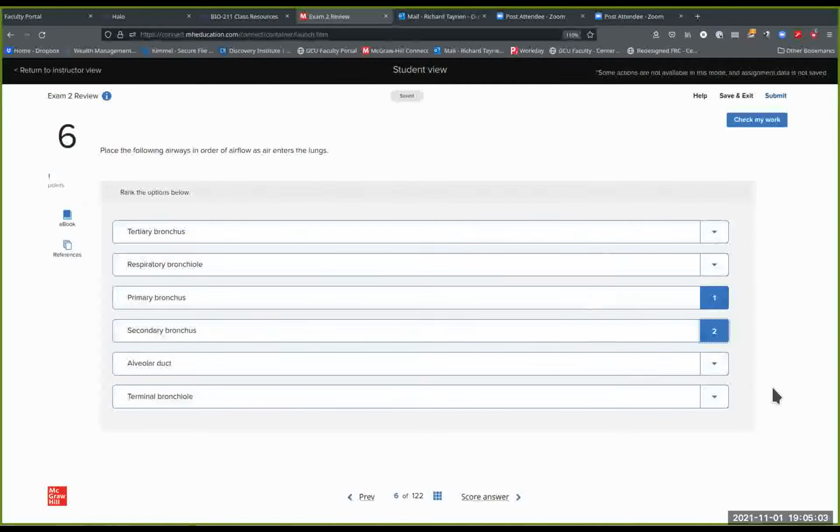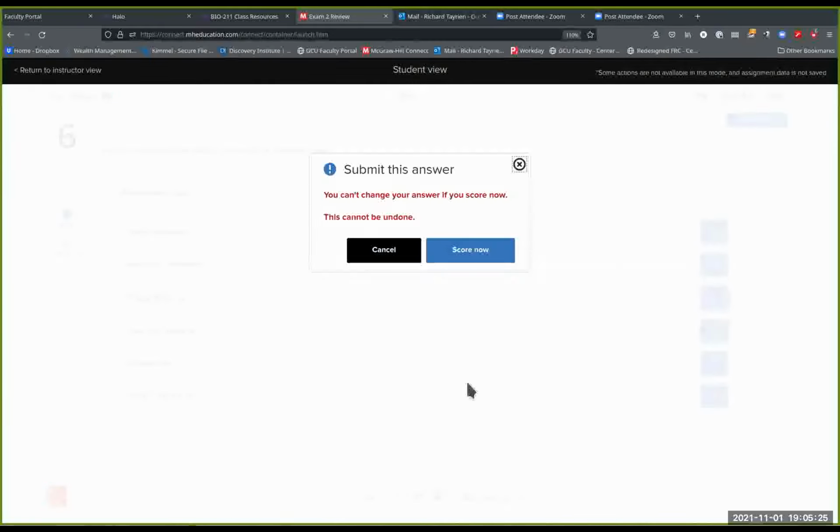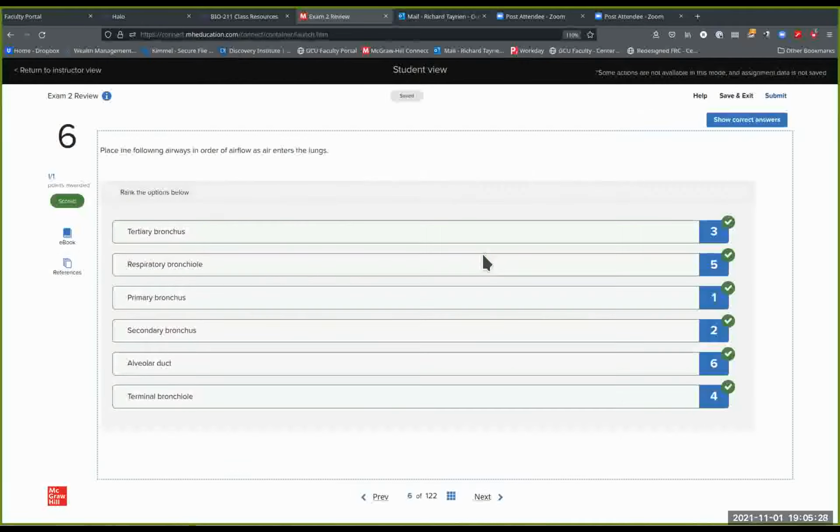Tertiary. Terminal. Respiratory, and then alveolar. Yep. That's the way I'd call it. Where we at? Number 5? Yeah. Perfect.